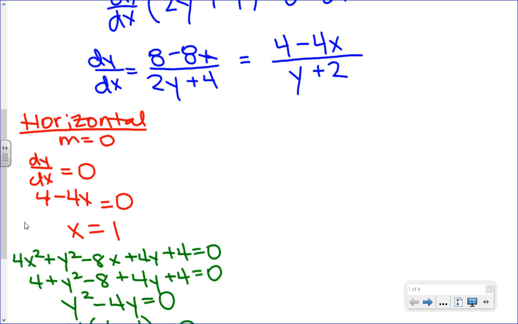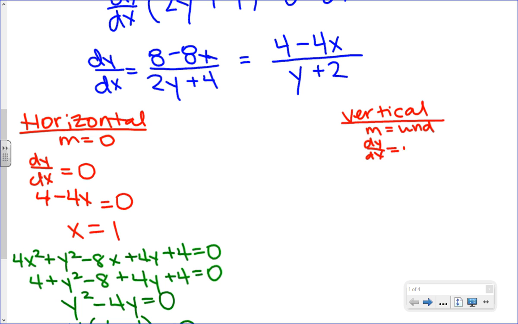Now let's go back to our derivative and talk about a vertical tangent line. A vertical tangent line means that we have a line tangent to our graph where the slope is undefined. So we want our derivative to be undefined.